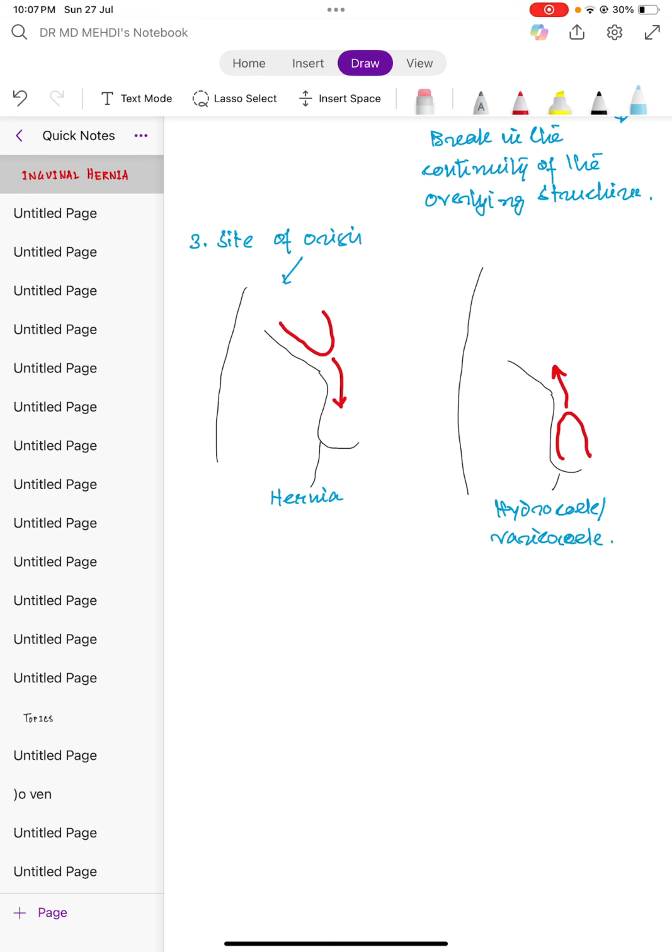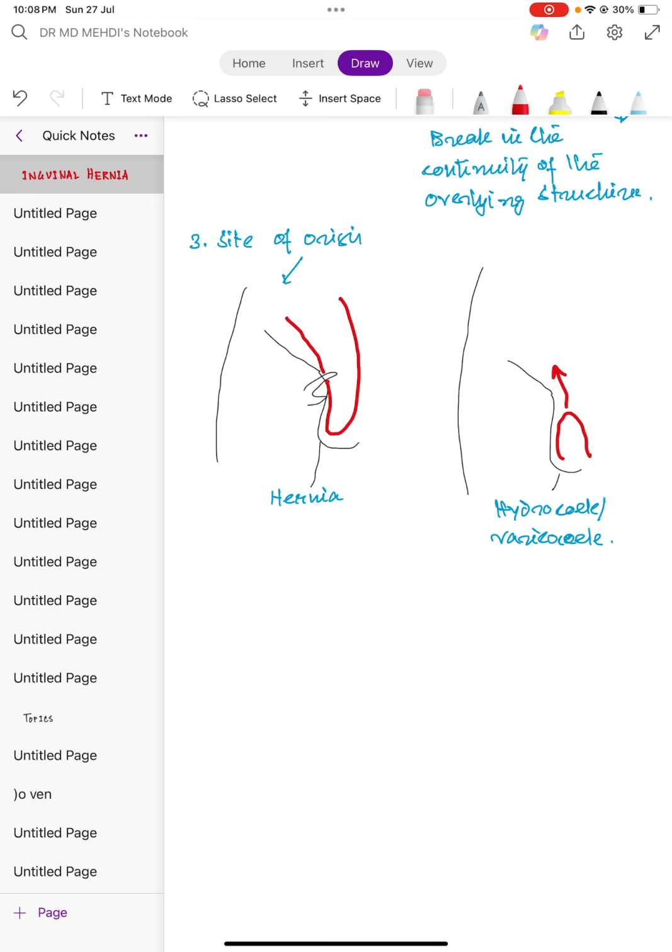So here we are just talking about the history, but this is important when we are examining the case. While examining, whenever we are palpating in this region with our fingers, what will happen? This swelling, what we just mentioned here, will come like this, from the groin.